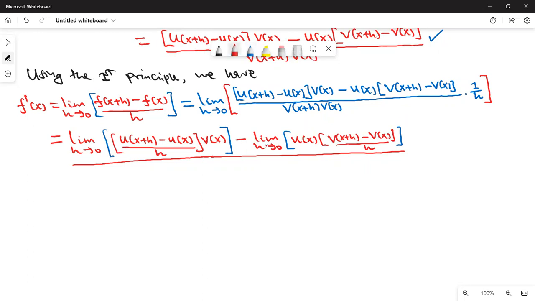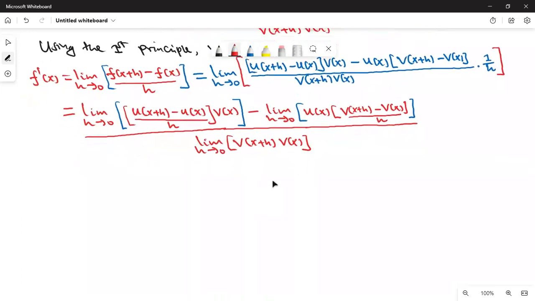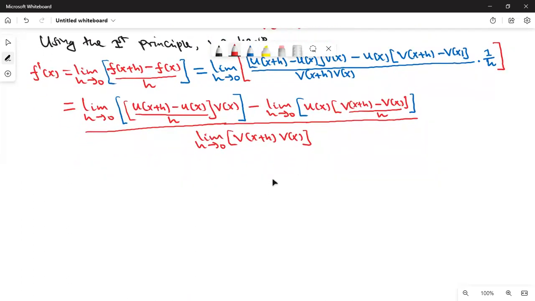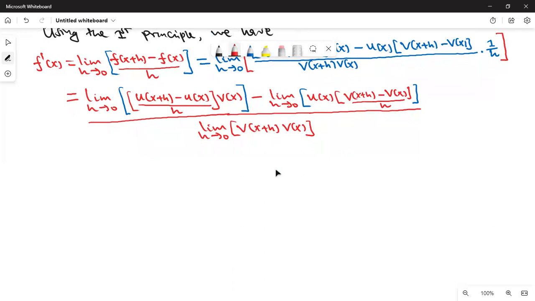Also the limit of the denominator, so over the limit as h approaches 0 of v of x plus h times v of x. See, limit, properties of evaluating limit. Limit, you can distribute it to all those functions. Work out the numerator independently, then the denominator also take the limit as h approaches 0. And I told you that anything that does not depend on h, you can factor it out.